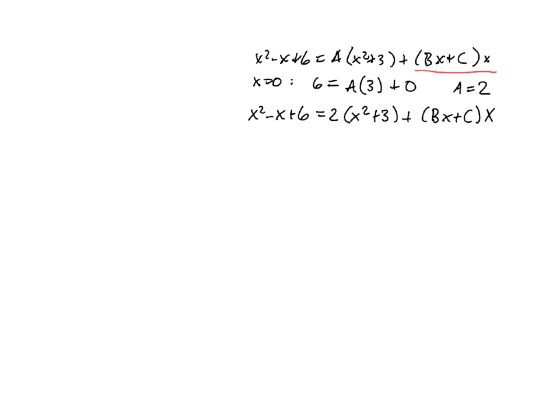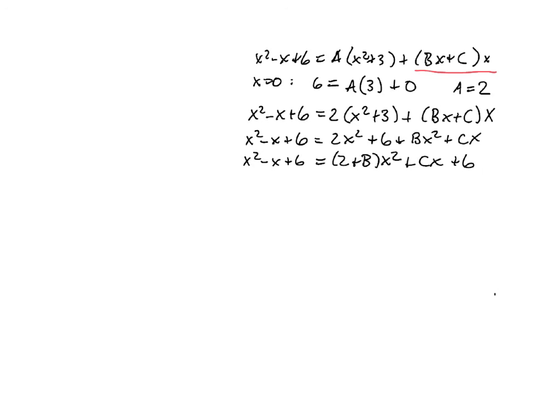we can now multiply this entire thing out and simplify. So we'll end up with x squared minus x plus 6 on the left-hand side, 2x squared plus 6 plus bx squared plus cx on the right-hand side. Collecting like terms, 2 plus b times x squared plus cx plus 6.